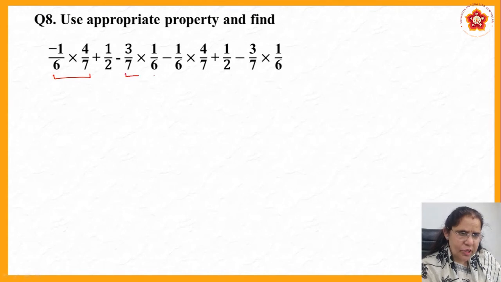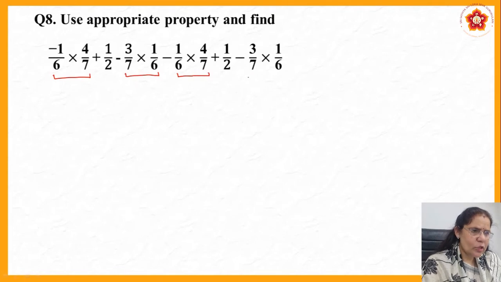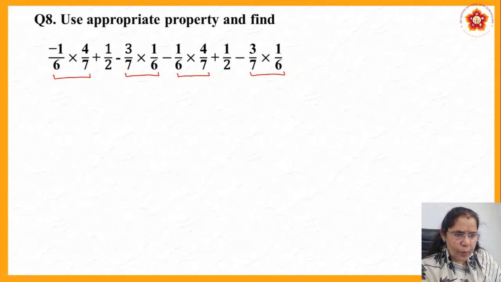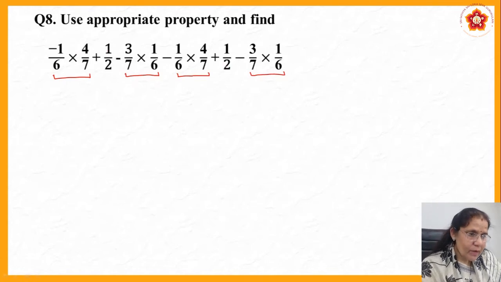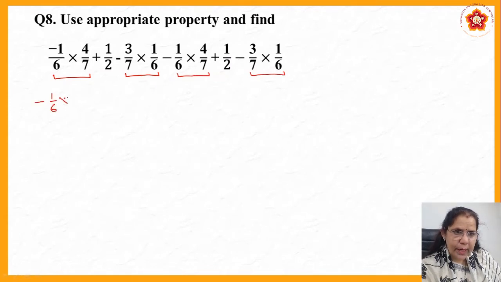Then there is a multiplication sign between these two numbers. 1 upon 2 does not have any number by which it is multiplied here. In the same way 1 upon 2 is again written, and there is no rational number along with it. So I'm going to rewrite it. It is minus 1 upon 6 multiplied by 4 upon 7. I have just copied this first one.